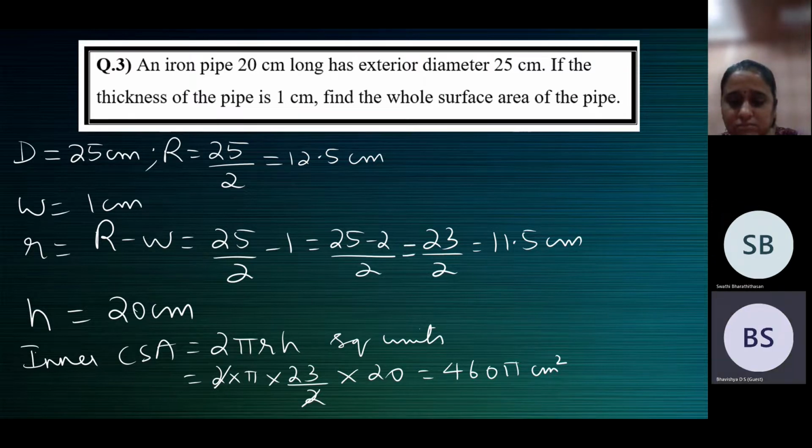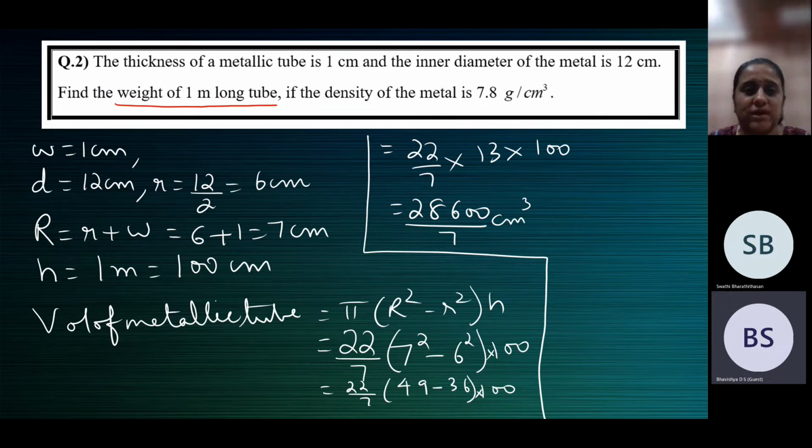Ma'am, I'm getting 500 square centimeters for outer CSA. 500, huh? Okay, let me check.